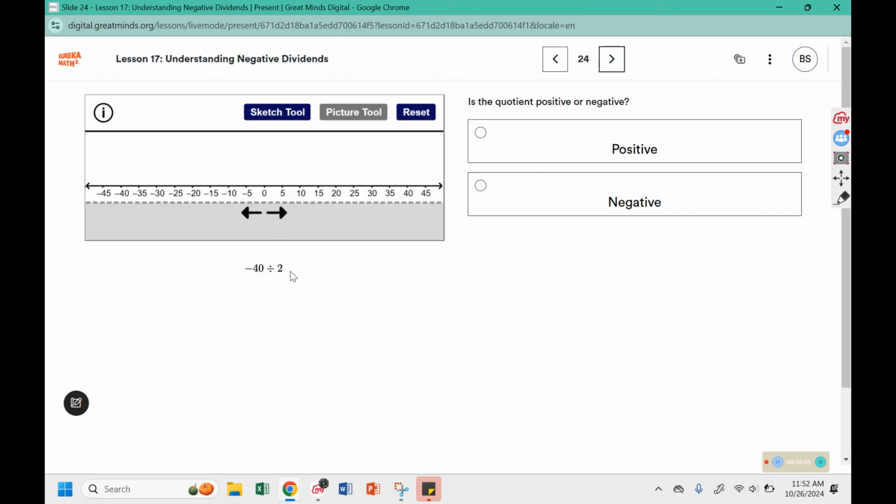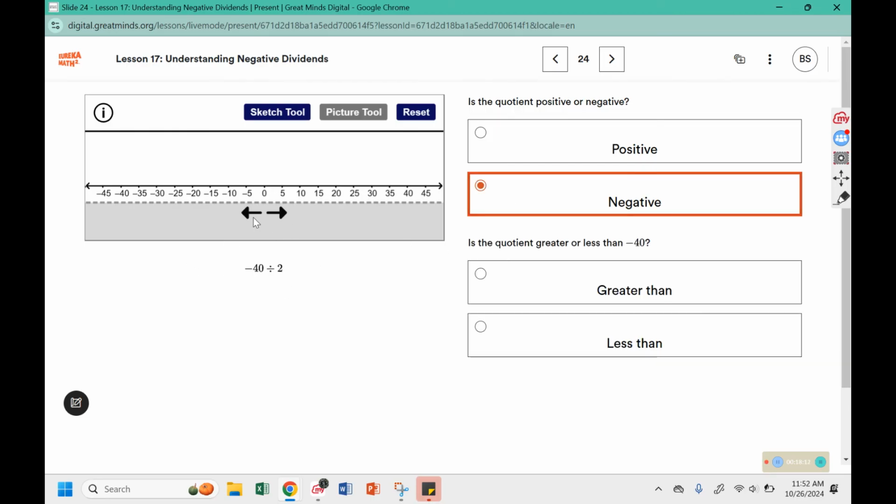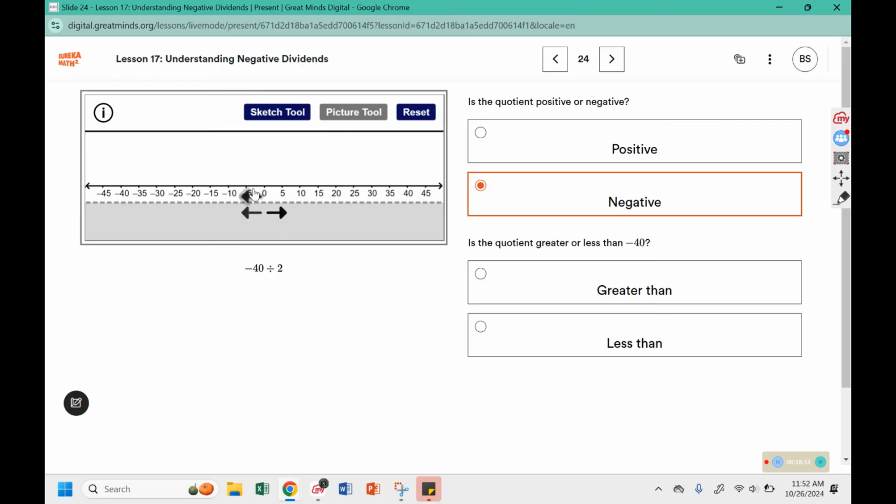Negative 40 divided by 2. These have opposite signs, so our quotient should be negative. If I'm trying to get to negative 40 using 2 arrows, each of them should be 20 long.